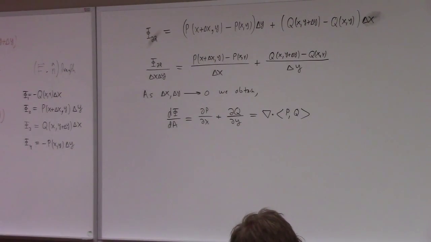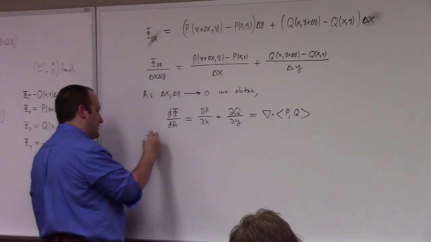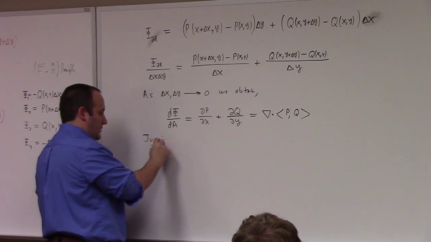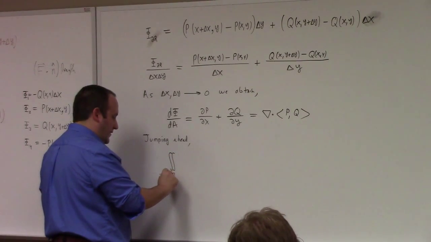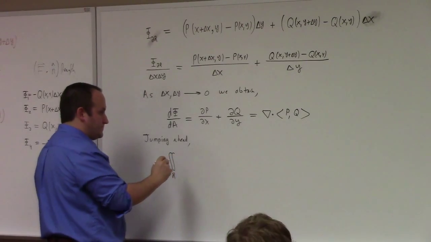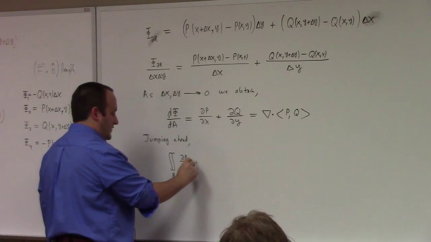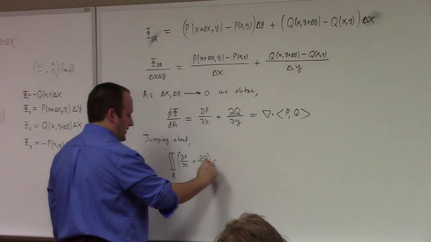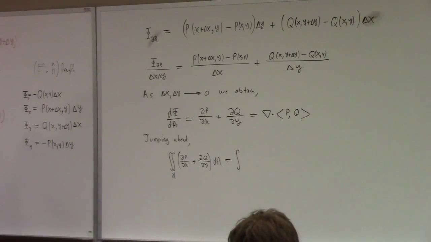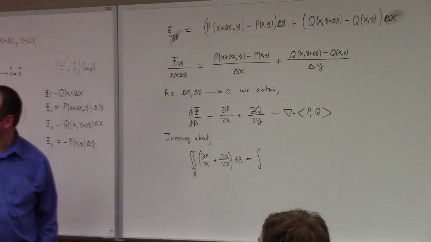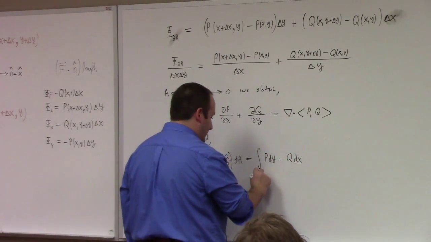And now I've only shown you this for an infinitesimal rectangle, but if you were willing to make a little jump here, which I will motivate more completely a little later in this lecture, jumping ahead a bit, we discover Green's theorem, which states the following: the double integral over R of partial P, partial x, plus partial Q, partial y, dA is equal to the flux of the vector field, which is the integral of P dy minus Q dx over the boundary of the region.